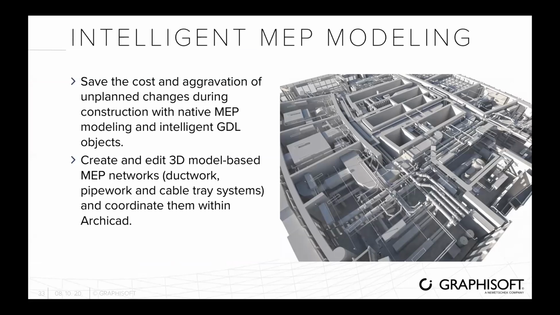So we have our automatic collision tool, which is going to be very helpful for the MEP add-on. So when you're modeling your systems, you're going to be able to find clashes automatically with walls or structure or other elements that you're going to have.